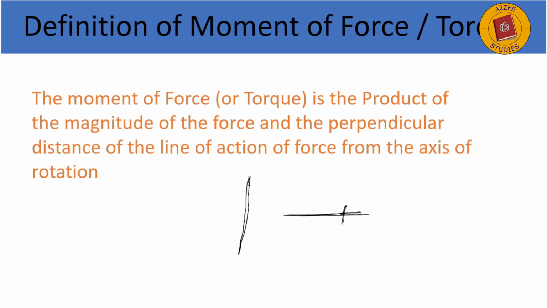The body may be in a horizontal position, or in an angular, oblique position, whatever it be. So if we give a force here, and this is the perpendicular distance from the pivot, from the center to the point of application of the force, the moment of force will be this F multiplied by this distance D.